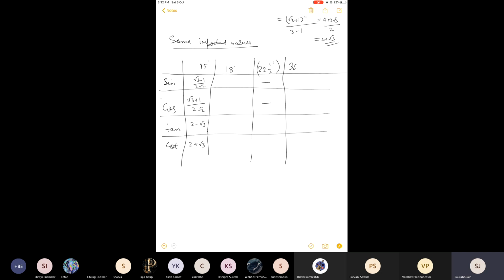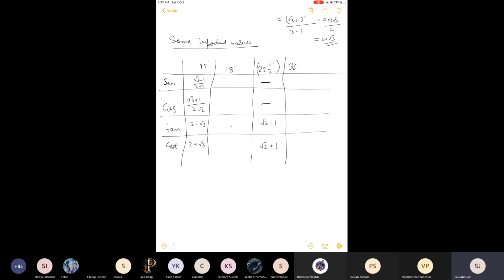Wherever I am putting this dash, that means these values are not required to be learned. Tan 22 and half, we have proved this value in the previous class, tan pi by 8. Root 2 minus 1. And cot is the reciprocal of it, so you will get this value as root 2 plus 1.